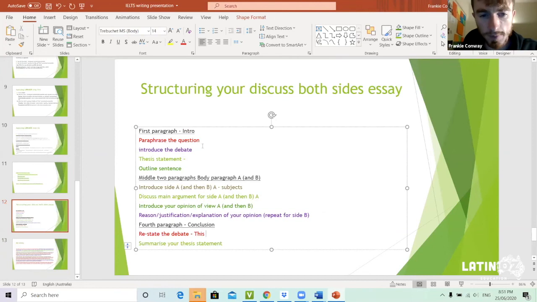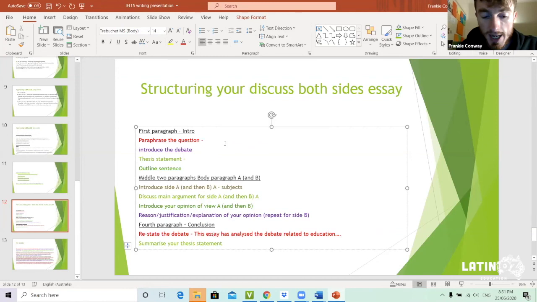So maybe put both sides in different words. So this essay has analyzed the debate related to education.